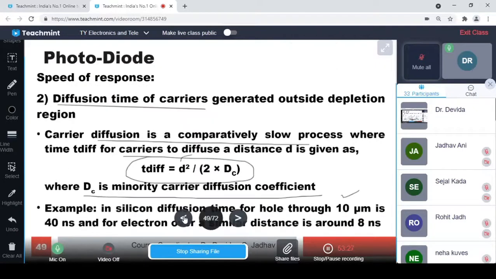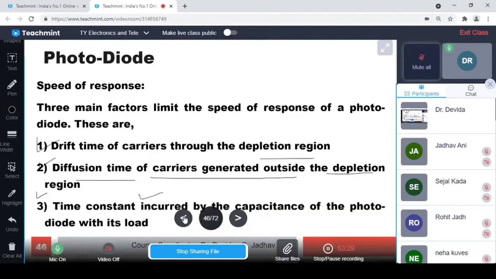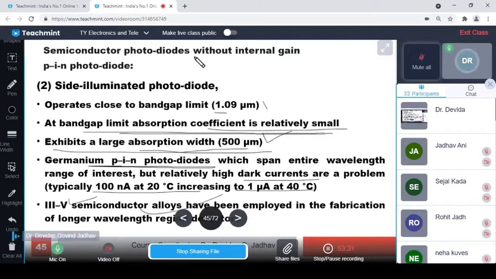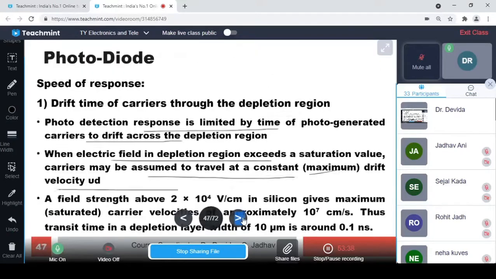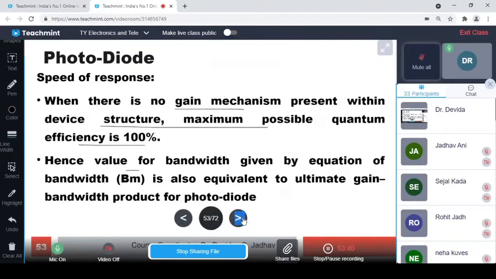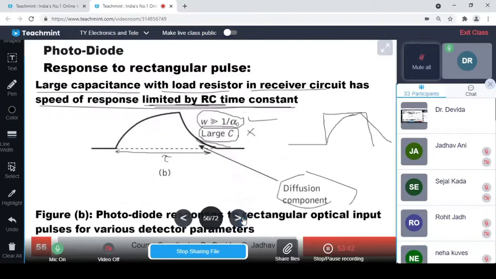So this is without internal gain, isn't it? Whereas this is with internal gain. It is having internal gain.